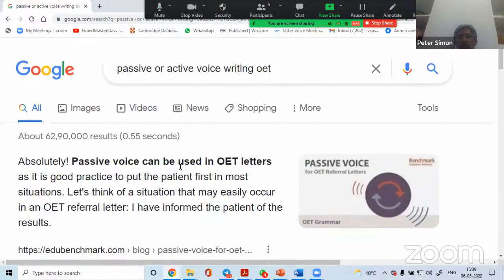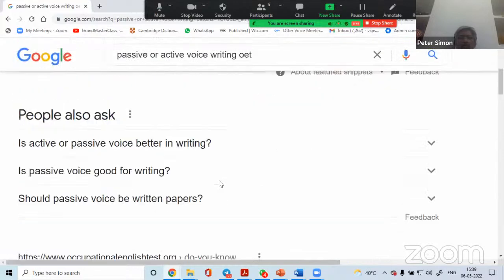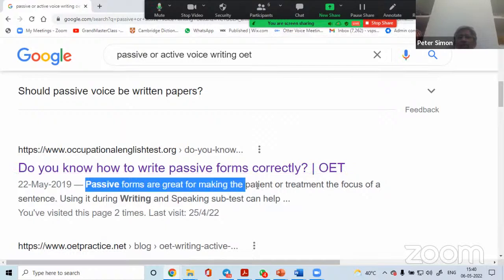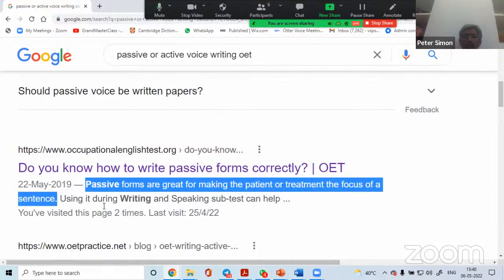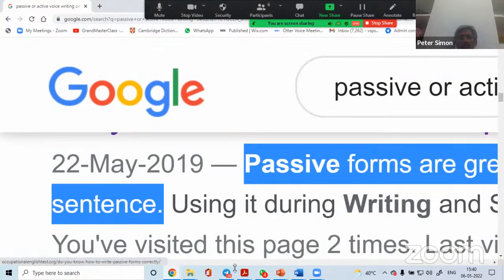Passive voice can be used in OET letters as it is a good practice to put the patient first. Patient first. Occupational English. Do you know how to write passive voice forms correctly? OET is asking, indirectly, to write passive forms correctly. Passive forms are great for making the patient or treatment the focus of the sentence. So that's it.